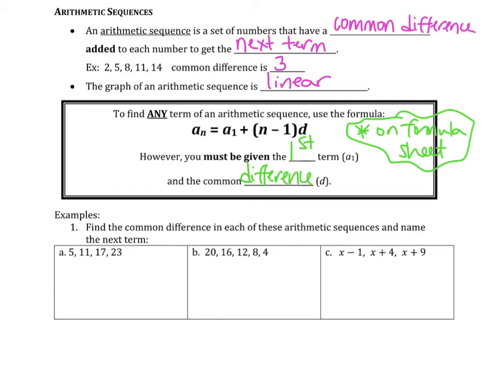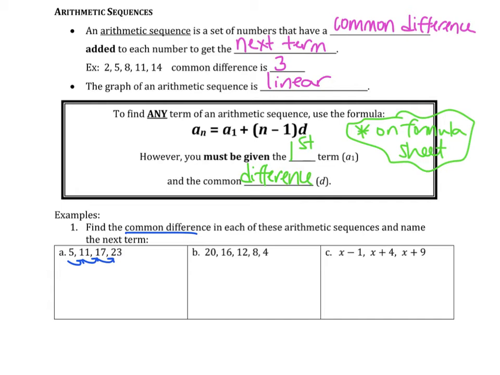Okay? All right, so now let's actually try a few examples. For these first three, all we're doing is finding the common difference for each of these arithmetic sequences and naming the next term. All right, so take a look. 5, 11, 17, 23. What am I doing to get from 5 to 11, 11 to 17, 17 to 23?